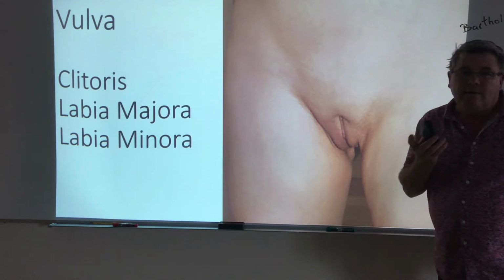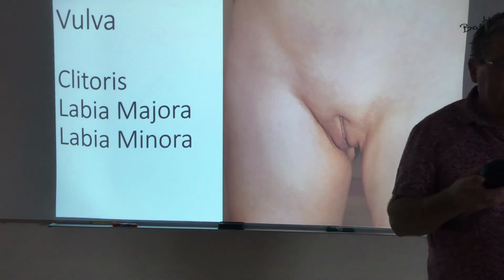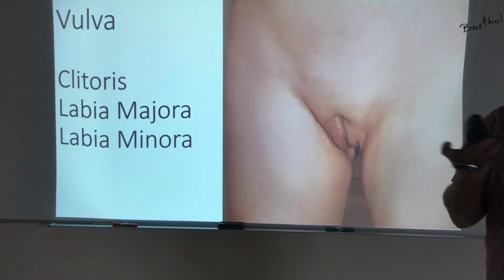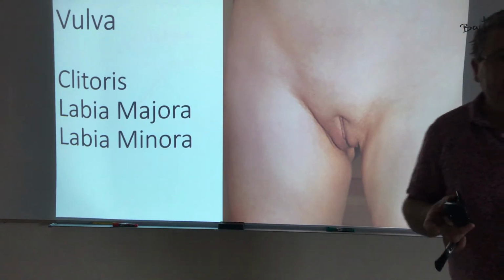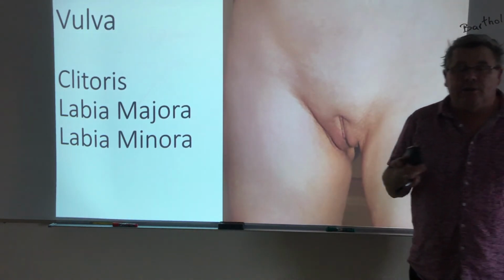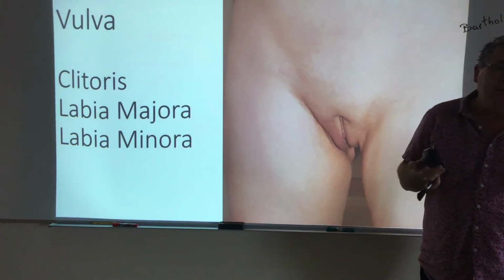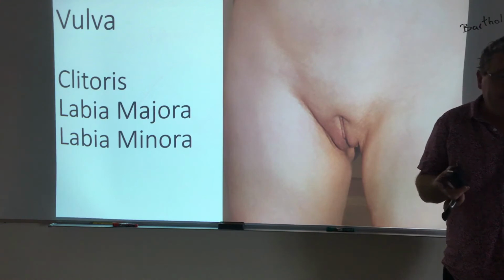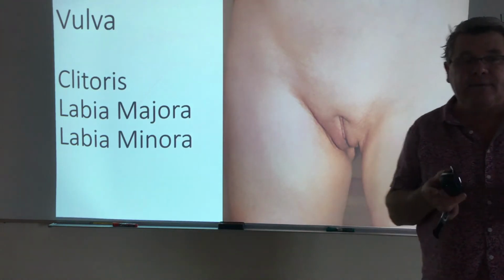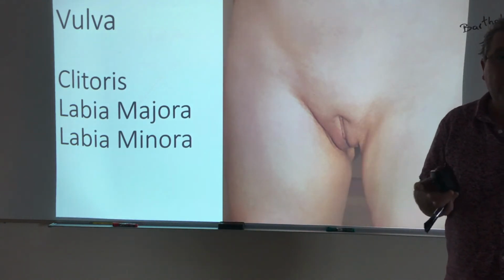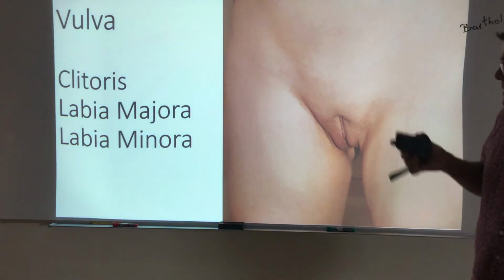And what the majora and the minora are essentially there for, for one aspect, is protection of the vaginal opening. So these are essentially tissue folds or fatty tissue that helps to make sure that the vagina isn't just a full-on open access to the body.